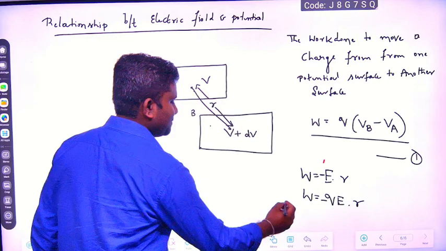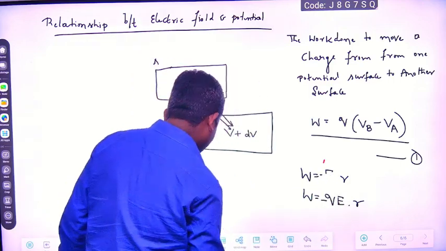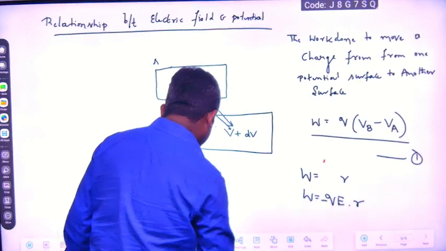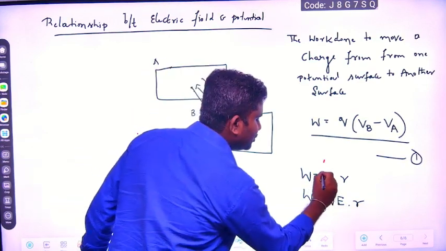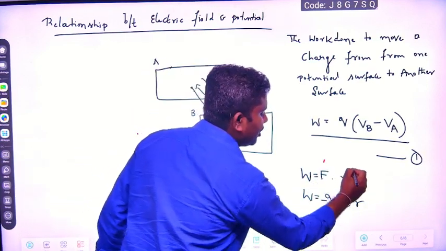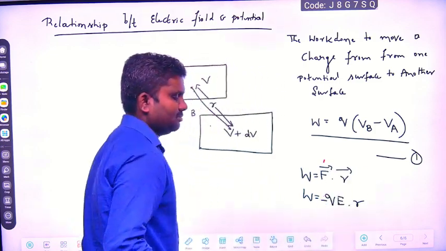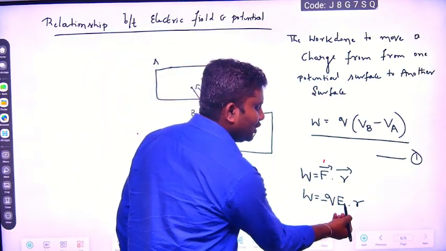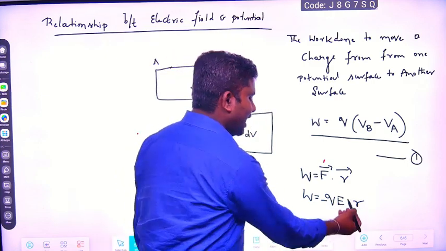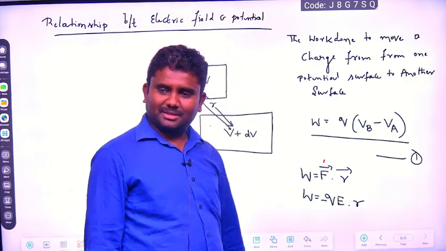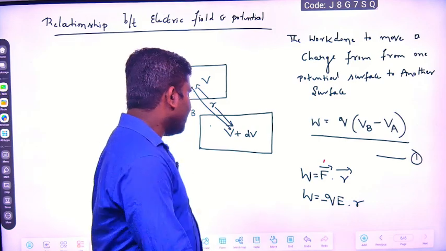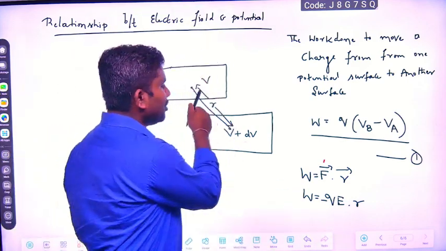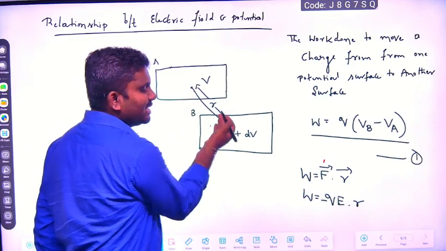Understood? What I am doing is simple. Work done is force into displacement; F vector dot R vector is W in vector form. Now force is Q into E, and R is the displacement. Whenever you want to move the charge, you are moving against the electric field.